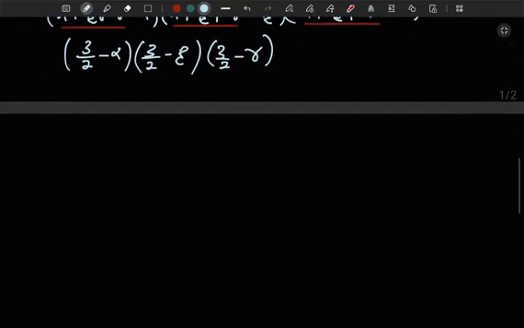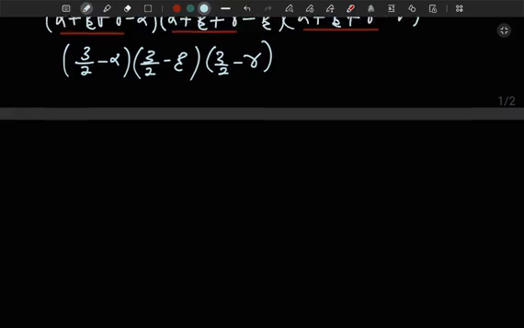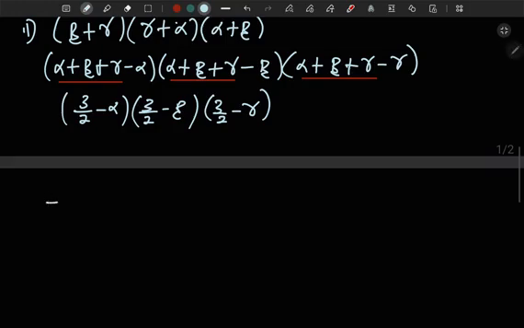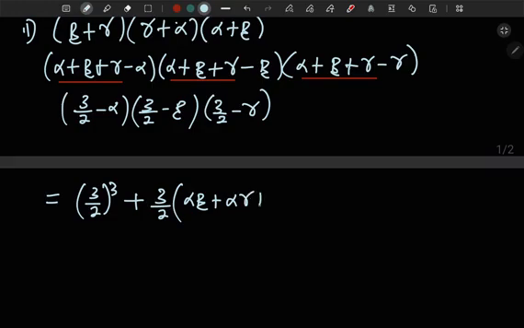Alright, so when you expand the brackets here, this is going to be 3 over 2 all cubed. You have to take your time to do that very well. Then plus 3 over 2 times alpha beta, alpha gamma, then beta gamma.